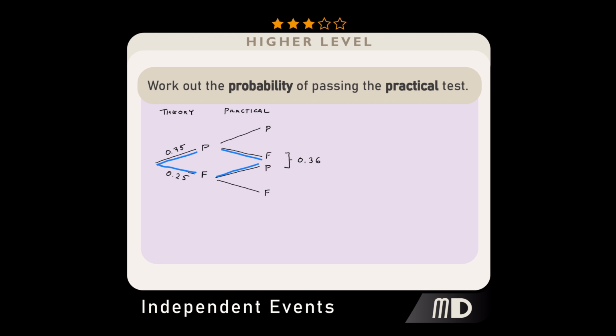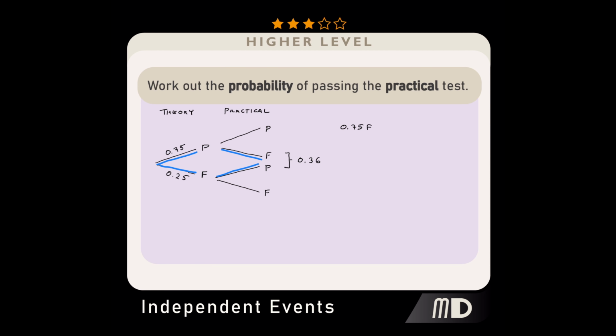We can use these branches to set up an equation where the variables p and f represent a pass or a fail on the practical part of the test. A pass on the theory test and a fail on the practical test is 0.75f.